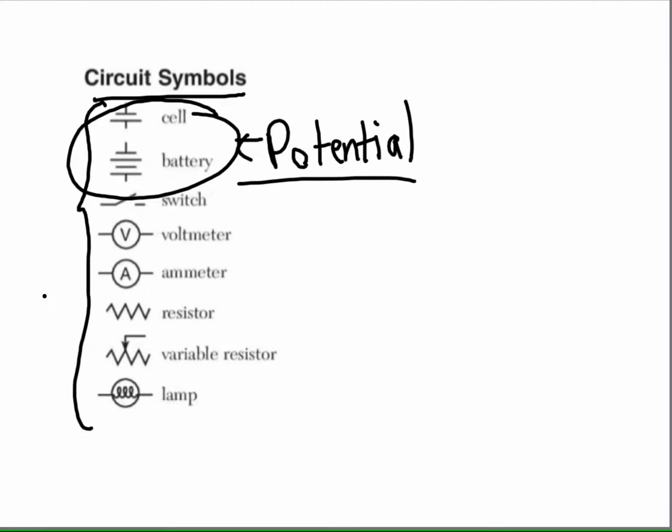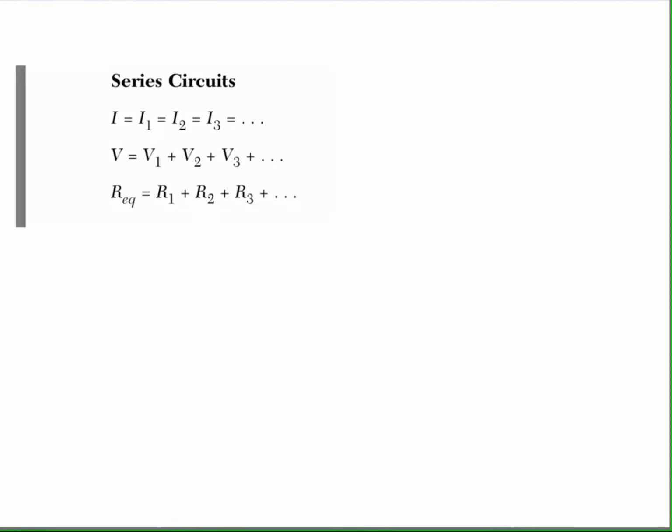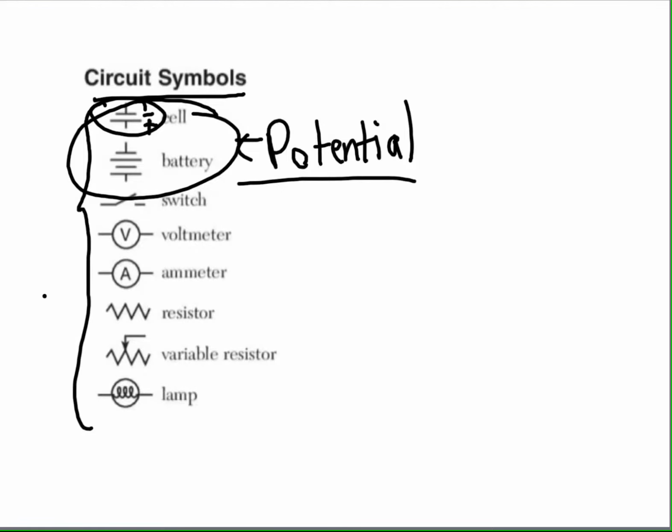Every circuit has to have them. So you have a cell, which has a positive and a negative side. The longer side is the positive, and the smaller side is the negative. And we have a battery, which is just a series of cells. You can see positive, negative, but there will always be one long side, which is always the positive side, and one short side, which is always the negative side.